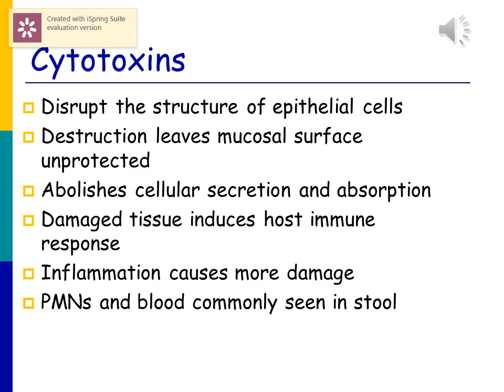That inflammation due to the host immune response is going to cause even more damage in that area. So you have PMNs and possibly blood that you would see in the stool. In the clinical lab, you will do what's called an occult blood test, where there are these little cards and there's a spot of stool on the card, and you put a little drop on, and if it turns a color, you know there's blood present in that stool.